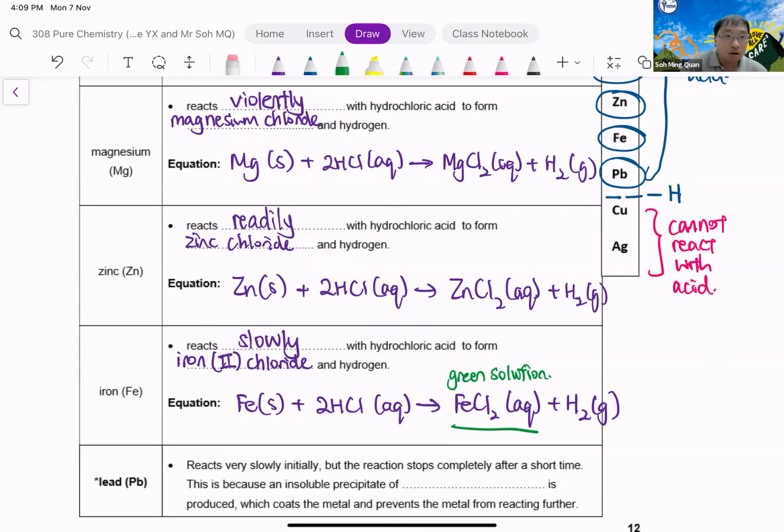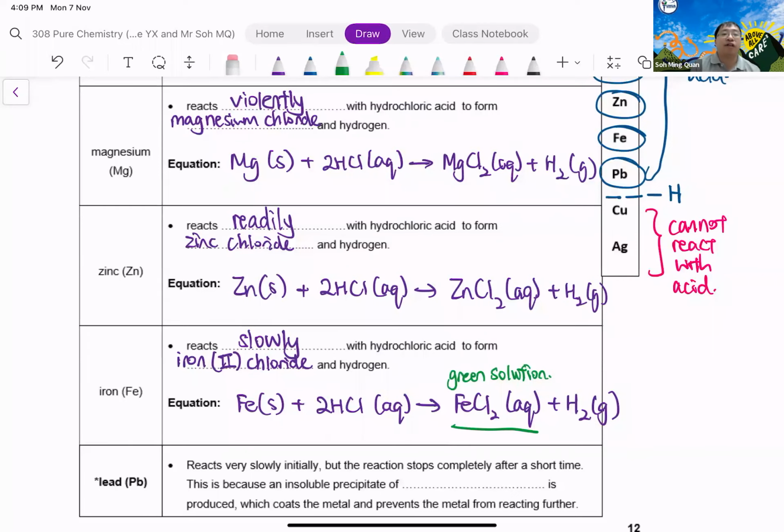The answer is no. Once iron 2 chloride is formed, if it's exposed to air, iron 2 chloride can oxidize to iron 3 chloride. And so you will see the green solution turning yellow or reddish brown, because it has oxidized. But the first product that's formed is iron 2 chloride. Over here, we are just talking about the first product formed, which is iron 2 chloride. But yes, you are right. If exposed to air, the iron 2 chloride can further oxidize to iron 3 chloride. That's later on.